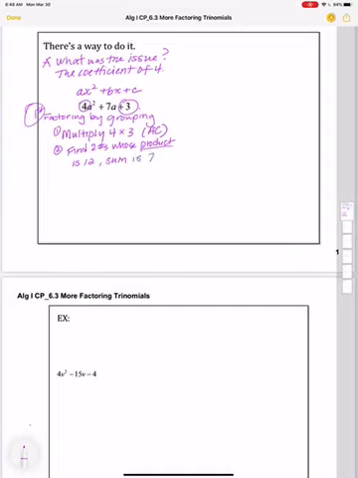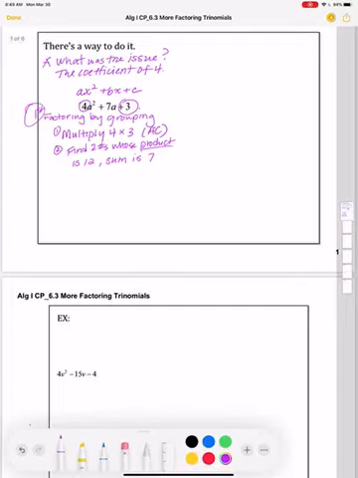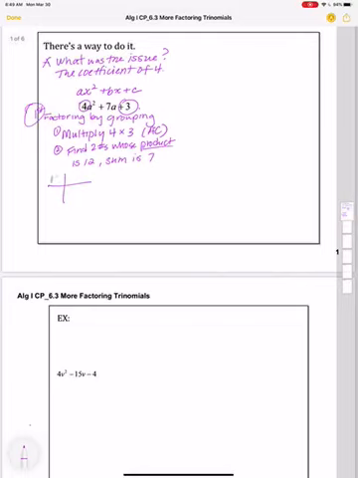Just like always, it's what times what is the last number and added together is the middle. Now we've had to multiply a to c, and then we still say what added together gives us the middle number. So what times what is 12 and added together is 7. So positive 12, because those were both positive, and 7. So that's definitely 3 and 4, right?